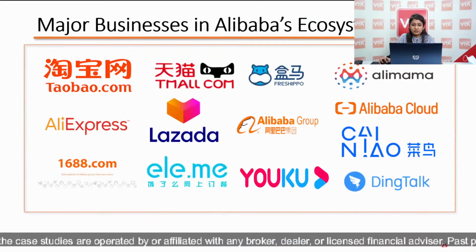So here are some of the major businesses in Alibaba's ecosystem. I will explain them in the coming slides along with their business segments to which they belong. But basically, Alibaba provides the infrastructure to companies to do business on its platform through the internet. Alibaba does not sell directly, but it is a collection of several platforms.